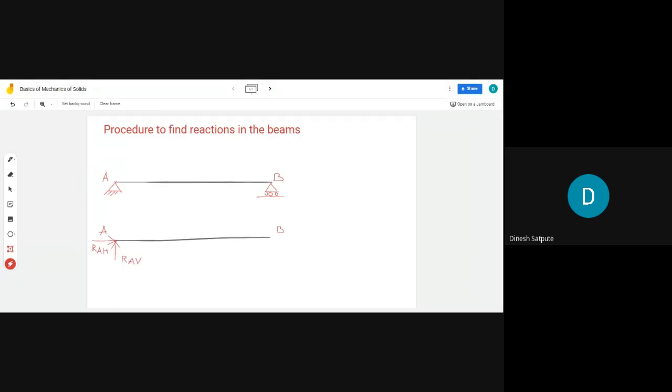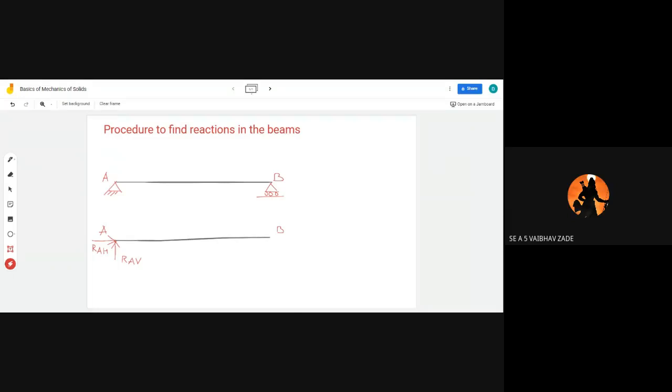Then at the roller support over here, can anyone answer how many reactions there will be? One, sir. In which direction?